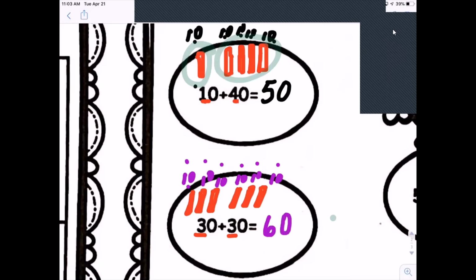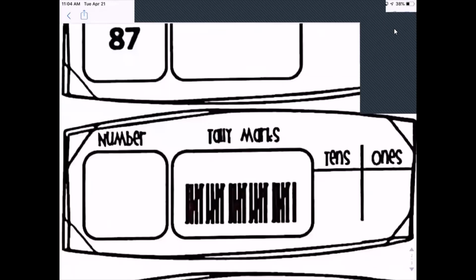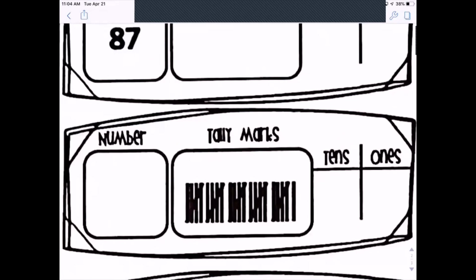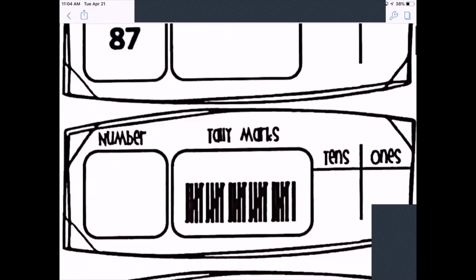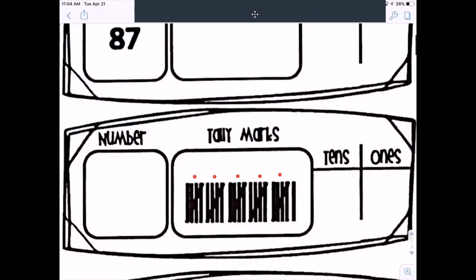So remember, underline your groups of 10 and draw your picture on top of the number, your little sticks like 10 rods. These are groups of fives. So we put two groups of 5 together, we have a group of 10. Okay, so look, right here I have 5, 10, 15, 20, 25, and one more right there.